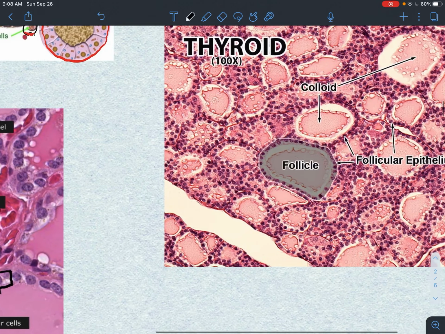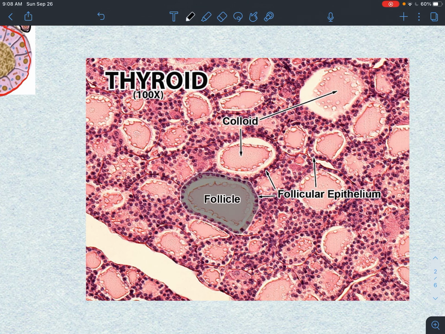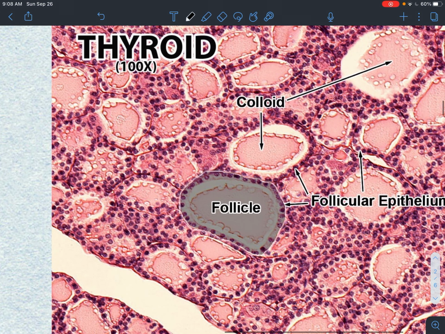If I put the pointer on, let's go to another picture, all right? If I put the pointer on, right, that epithelium, you'd want to say follicular cell. If I put the pointer in between follicles, right?